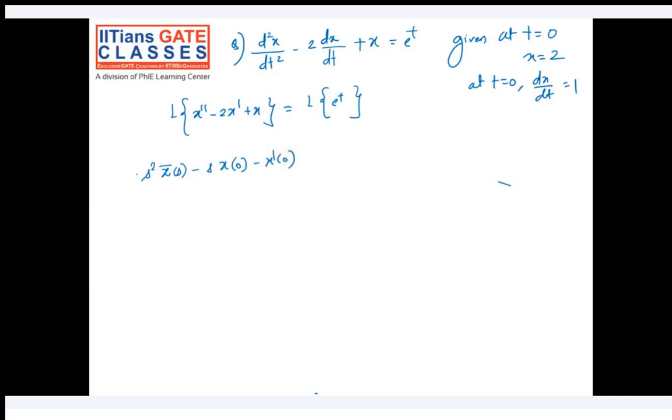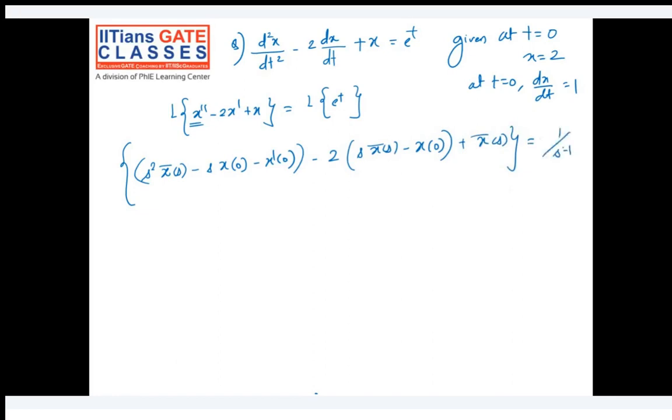This is for the first term. Second term, minus 2 times s x bar of s minus x sub 0, plus x bar of s, equal to Laplace transform of e to the power t, which is 1 upon s minus 1.